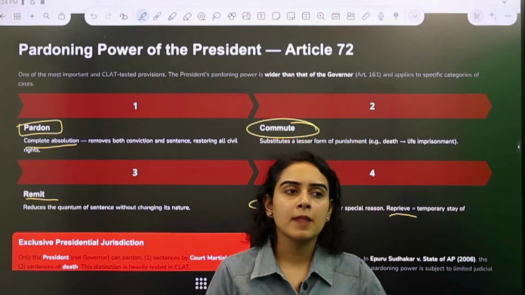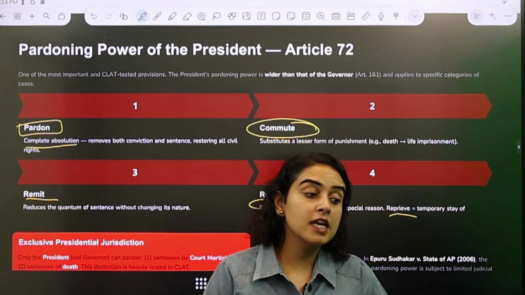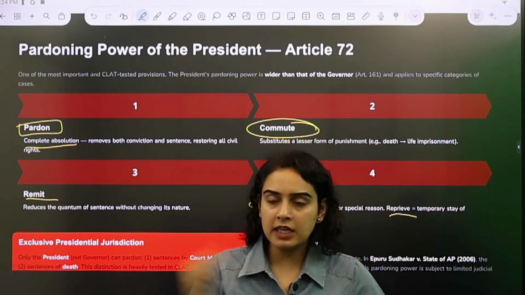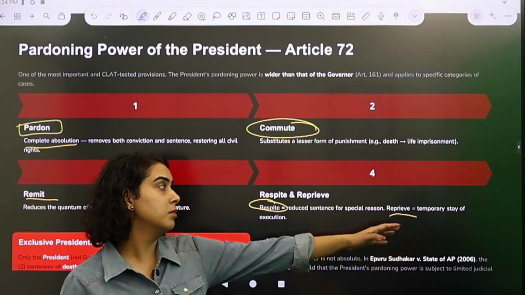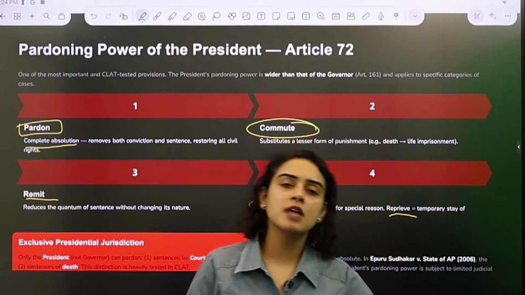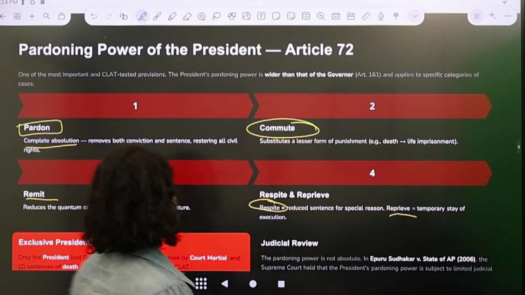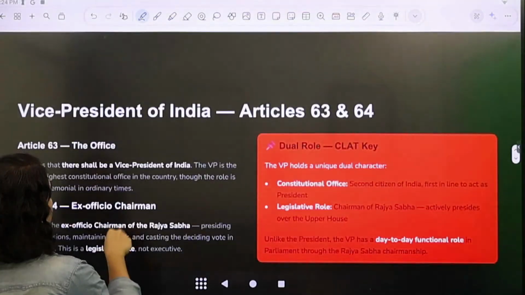Execution means the death penalty, hanging till death. So rather than executing the person, you temporarily pause it, you delay it, right? The person can seek the pardon of reprieve. So for some time, the execution will be delayed. So yes, that is there.